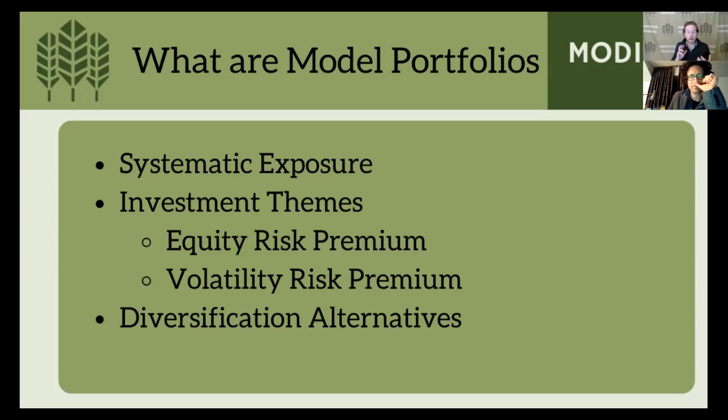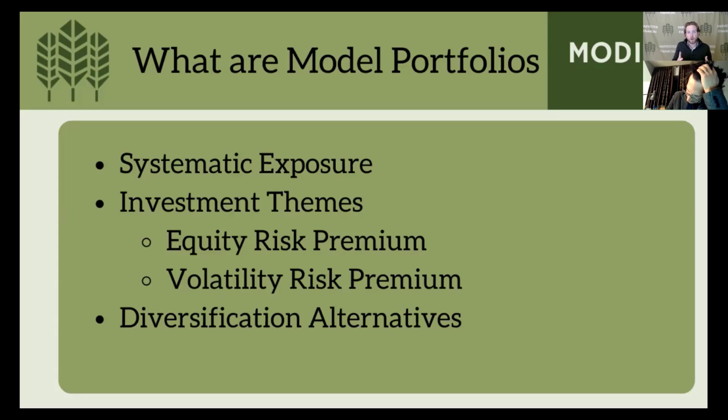Model portfolios are also about the diversification alternatives. So it's meant to be a sleeve of different returns in your portfolio. This is not necessarily meant to be an entire allocation. We typically think of targeting somewhere in the 5 to 20% range, looking at your overall picture. It's not meant to replace an equity allocation or a real estate or a bond allocation, but it's meant to be a diversification alternative where both the return structures and the market environments that the model portfolios are targeting are designed to look different than the other types of investments that you might be familiar with.